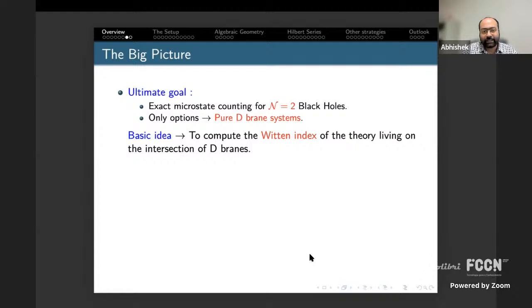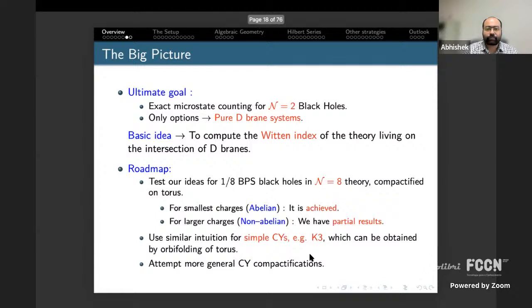So all the charges for the black holes have to come from d-brane charges. So the idea would be to compute the Witten index of the theory living on the intersection of these d-branes. It turns out this intersection is zero dimensional, in the sense that it only has time, so that we will basically get a supersymmetric quantum mechanics on the intersection of the d-branes.